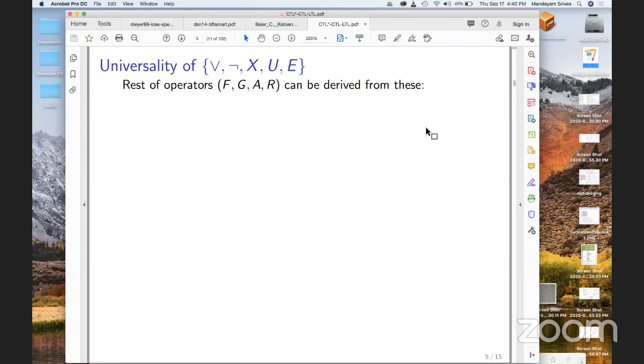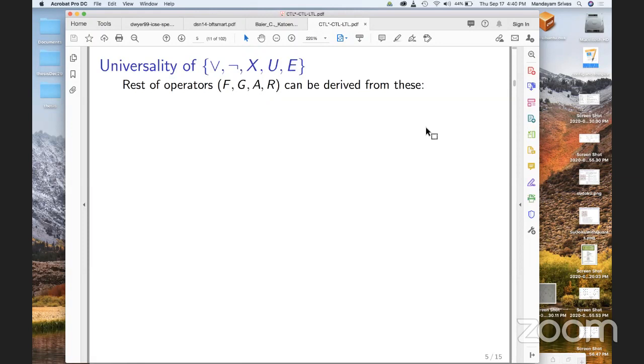In any case, modal logics in general, of which temporal logic and CTL are part, have been studied for a very long time, and there's a very rich theory behind them. What I'm going to show you today are some equivalences and some universality that will be exploited while we devise our model checking algorithms, so it's important for you to note them.